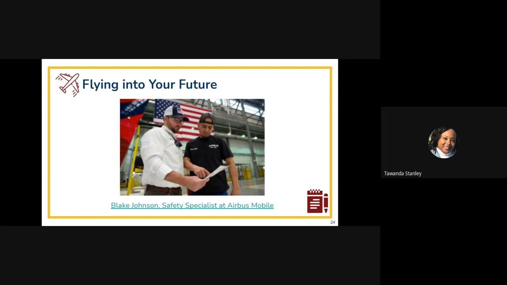For environmental health and safety specialist Blake Johnson, the issue of safety at Airbus' manufacturing facility in Mobile is a personal one. He is a marine biologist by education. Blake and his fellow team members are responsible for environmental compliance and occupational health and safety in and around the final assembly line. Blake explains why his job has a personal dimension.